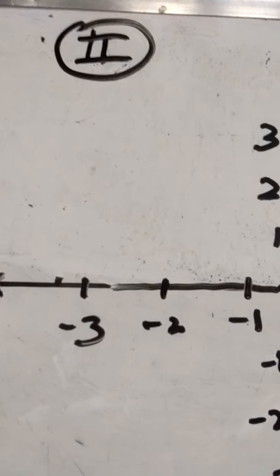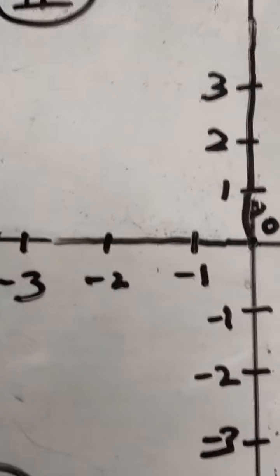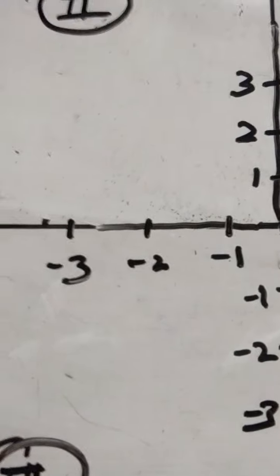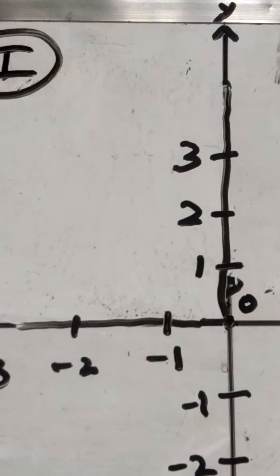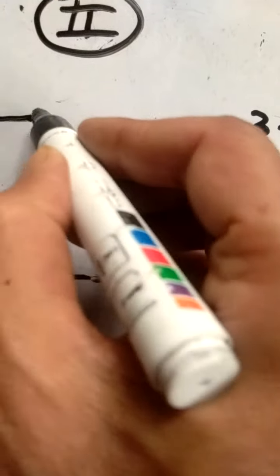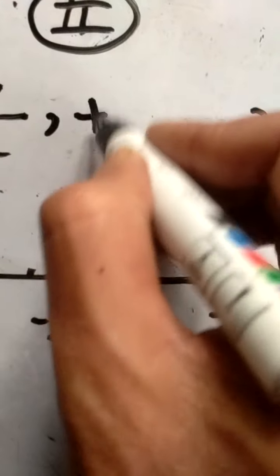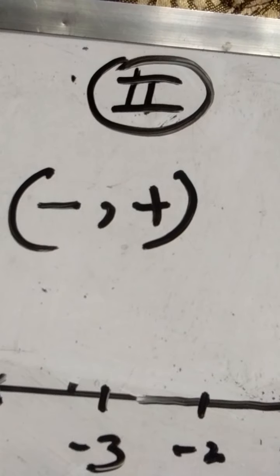Now if we go to the second quadrant, towards x-axis we have negative numbers, and towards y-axis we have positive numbers. So this can be represented by -+.